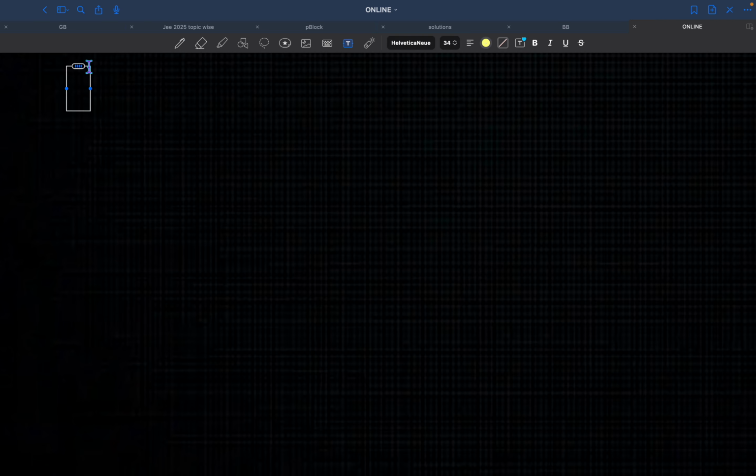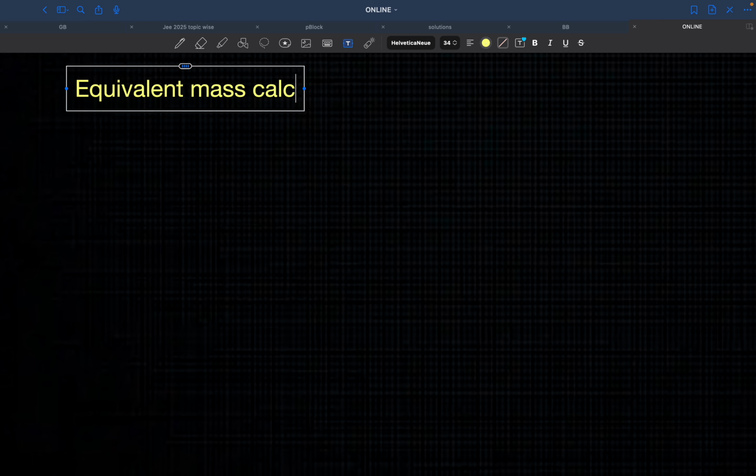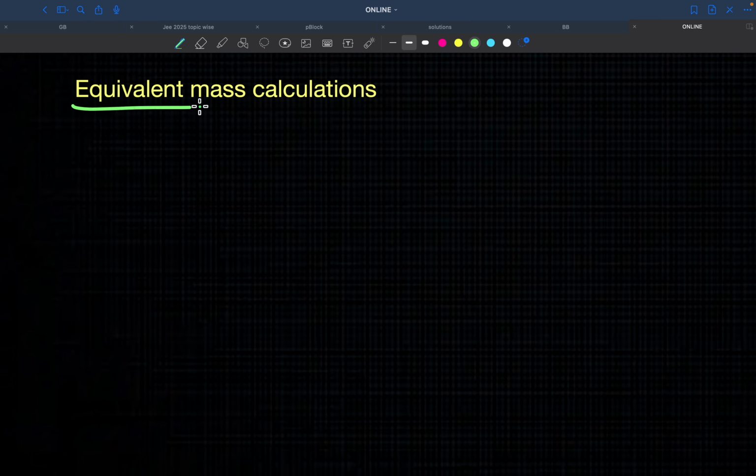How to calculate equivalent masses? Equivalent mass can be calculated by using a simple formula, only one formula, right?